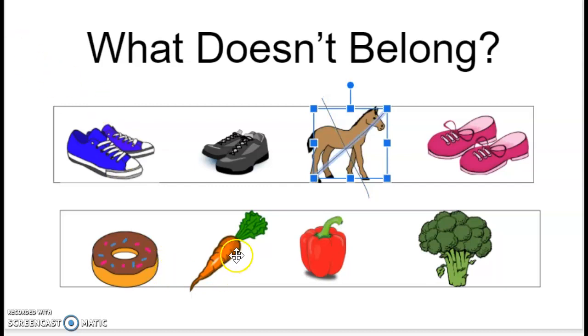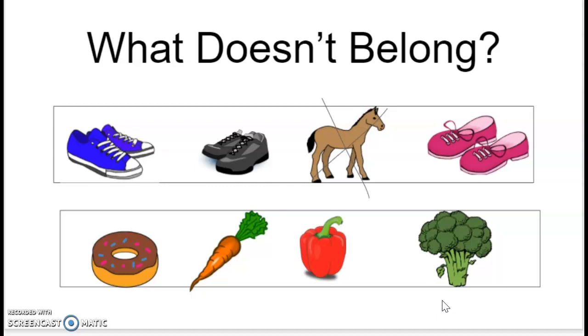Okay? So then I'm going to come down here to my next box and take a look. I have a donut, I have a carrot, I have a pepper, and I have broccoli. Now when I am looking at those objects, again, I'm going to try and think about ways that they're alike and ways that they're different. So the first thing I notice is that these objects are all food items, right? They're all food. Those are all things that I can eat.